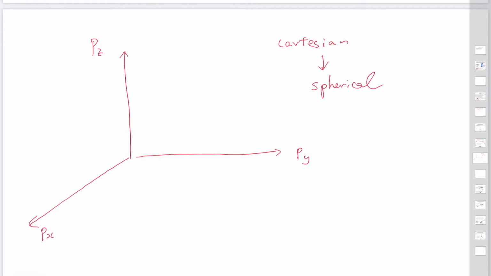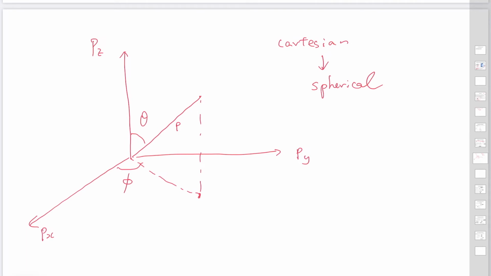In the spherical coordinate, the distance from the origin is expressed as p. The angle between the p_z axis and p is theta. The projection onto the p_x, p_y plane makes an angle, which becomes phi.